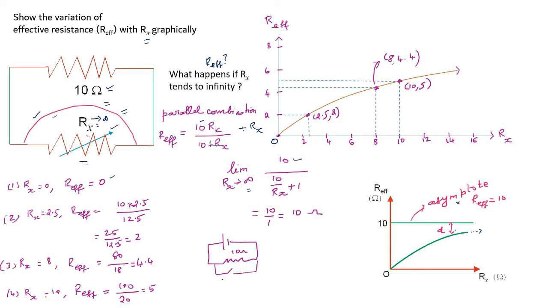So here the resistance tends to infinity, so it is as if it is an open circuit. Only 10 ohm is included in the circuit. So effective resistance is 10 ohm, given both by a mathematical perspective and also by drawing an equivalent circuit and explaining what an asymptote is. Understood this? Thank you.